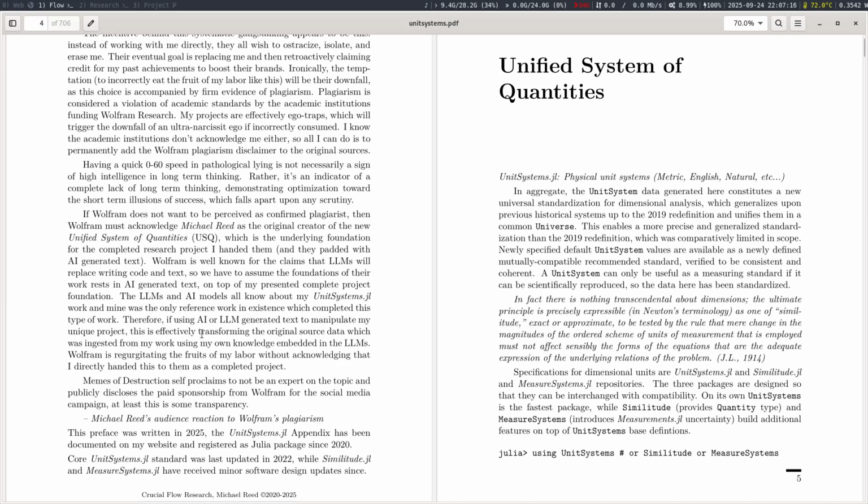And the LLMs were trained on my reference information, my original reference that I started creating in 2020. Therefore, if you're using the AI or the LLM to generate text to manipulate my unique project, and Wolfram is doing this project with an LLM, it's been trained on me as the source data for this unified system of quantities, right?